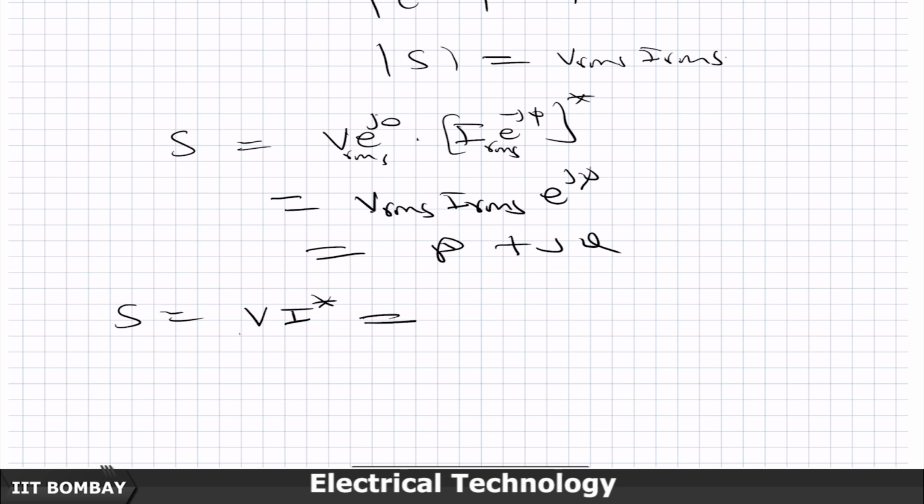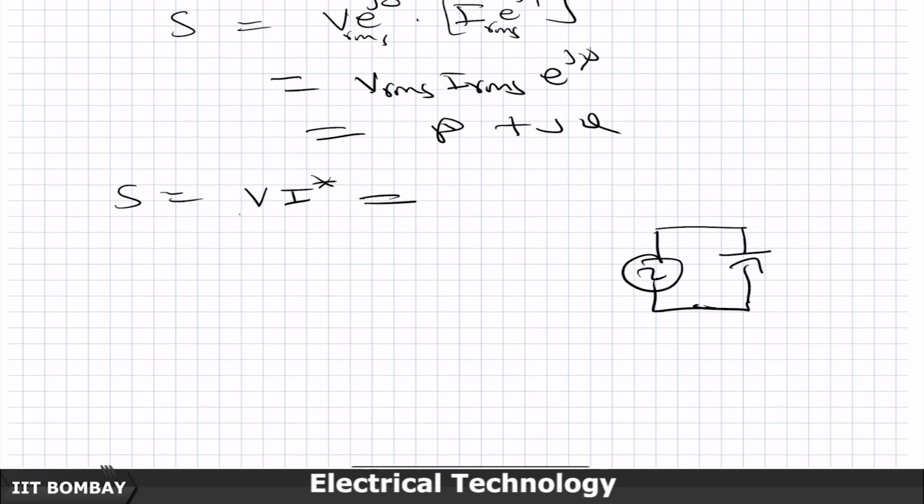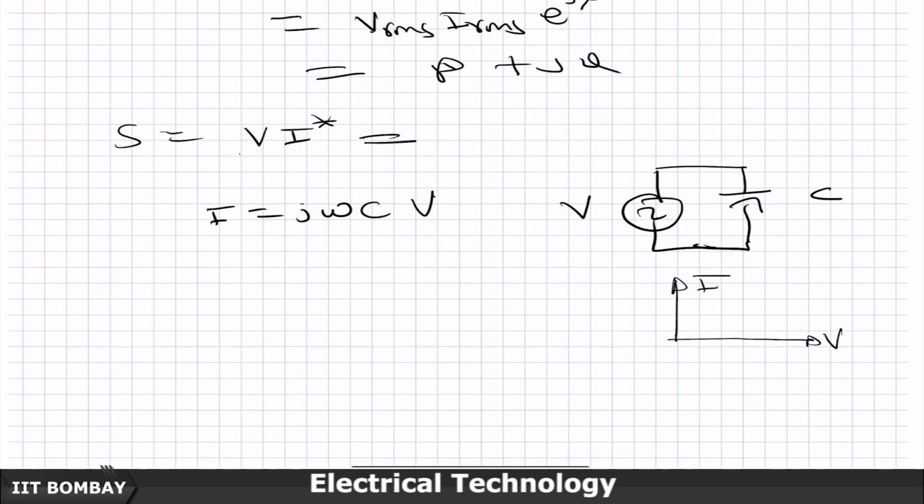So clearly now, let us take a supply feeding a pure capacitor. If this capacitance is C, and this supply V is the reference, then the current phasor will be I equals j omega C times V. So, in the capacitor, the current is going to lead by 90°.